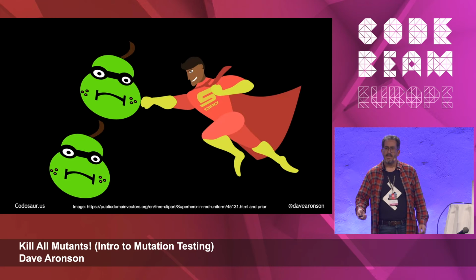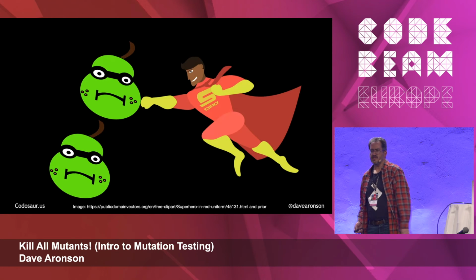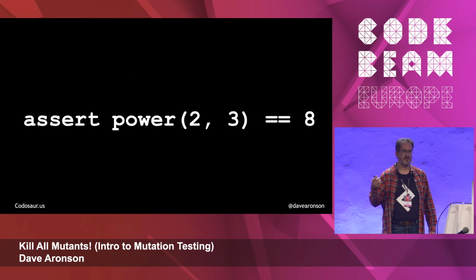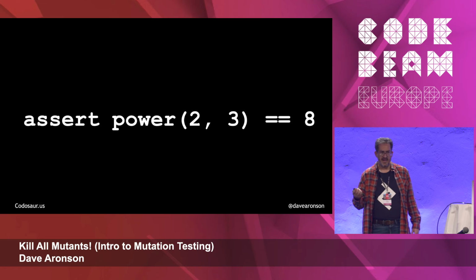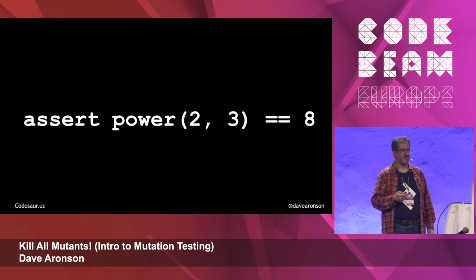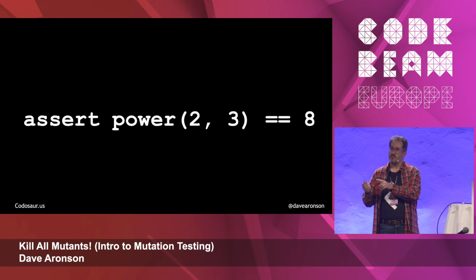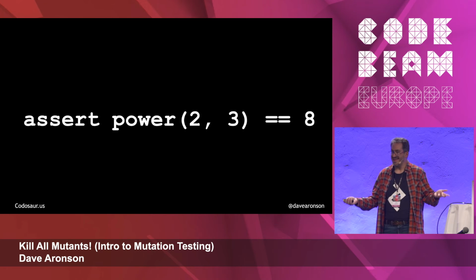To kill them, again, we can either add a new test or change our existing tests to something like this and assert that 2 to the third power is 8. 3 squared is 9, not 8, so this kills both of the argument swapping mutants. And better yet, 2 plus 3 is 5, 2 times 3 is 6, both of those are not 8.